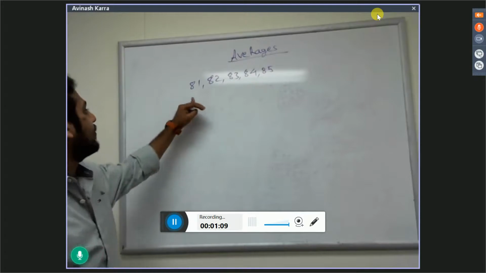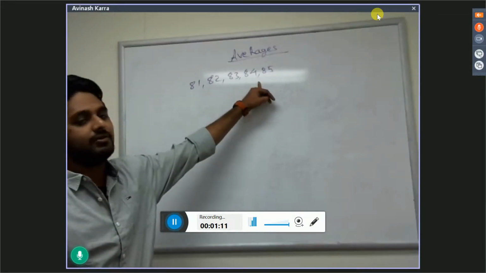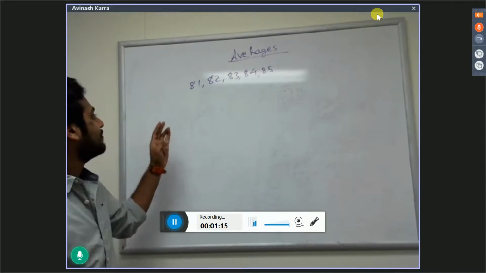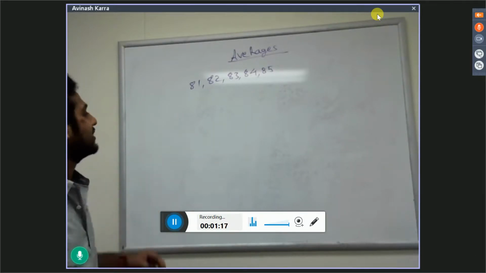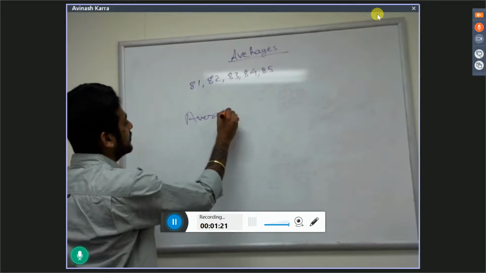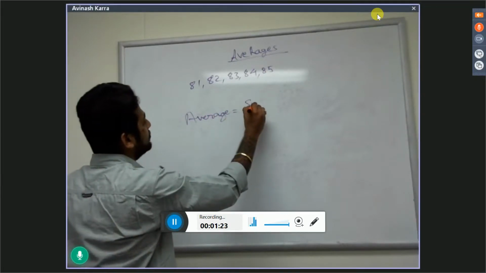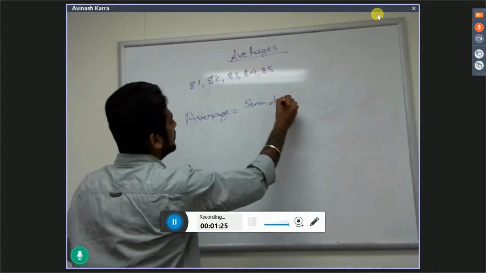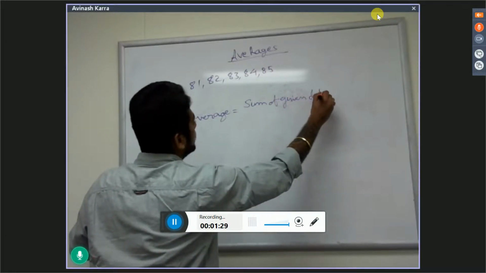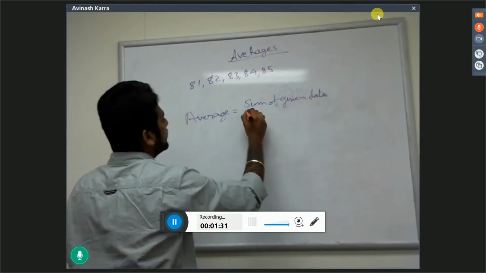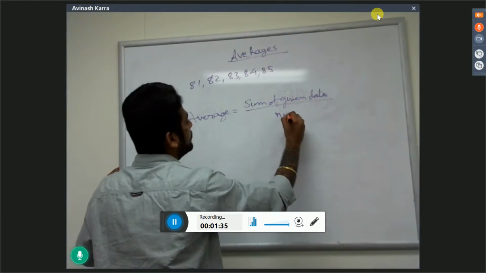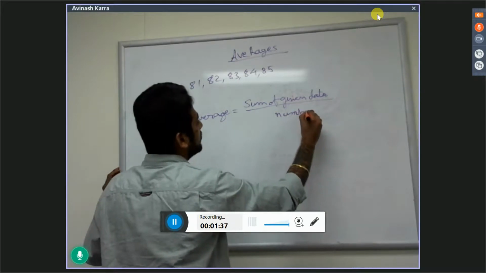If they ask to find the average, it is nothing but average is equal to sum of given data by number of values.